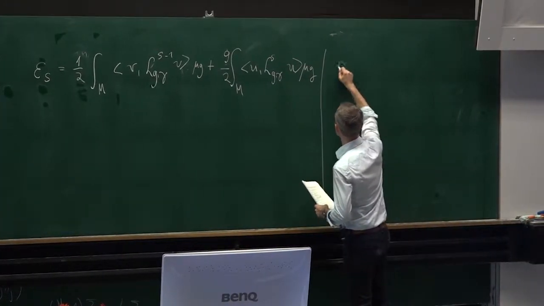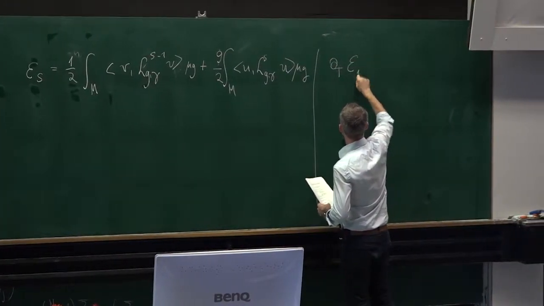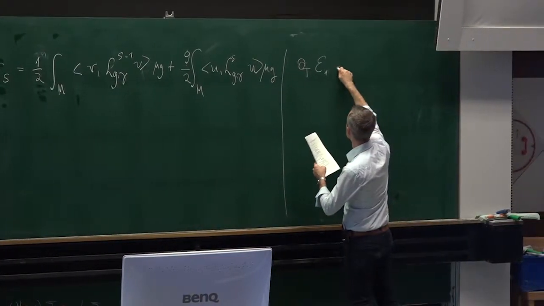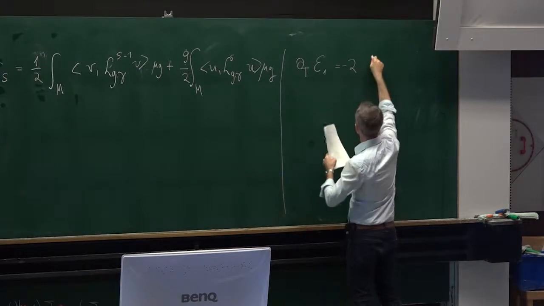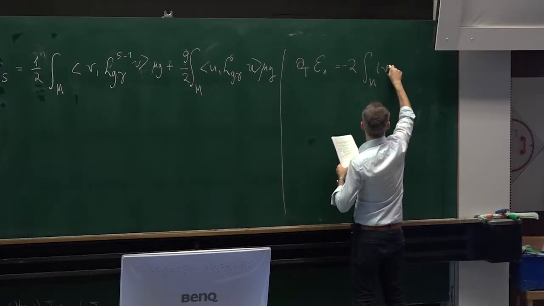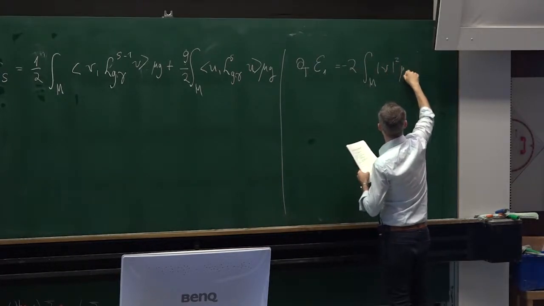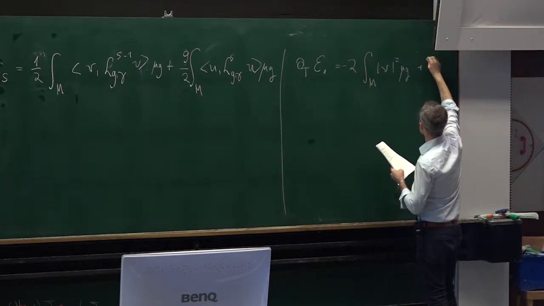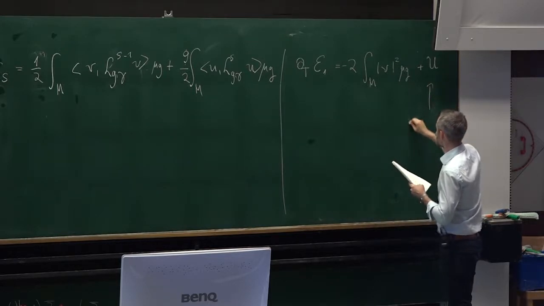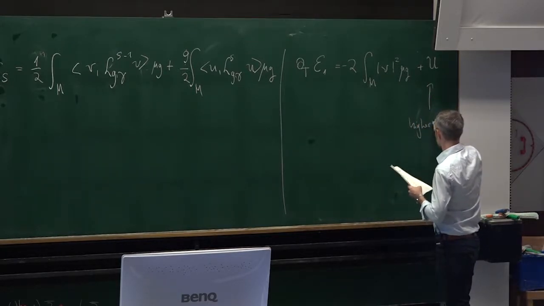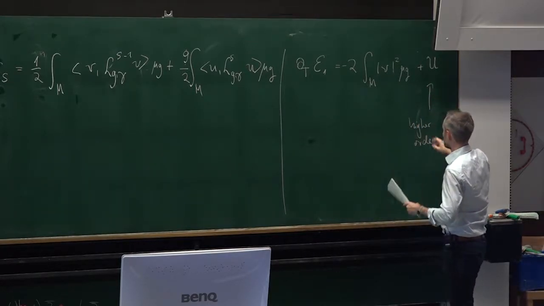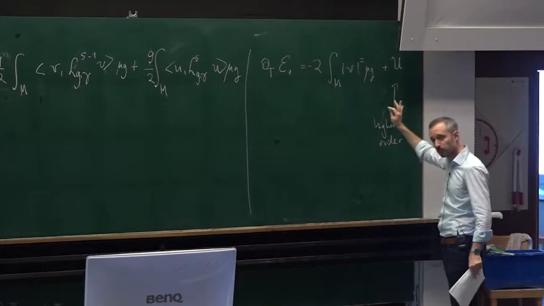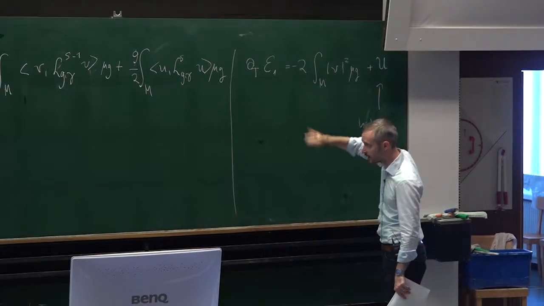Let's say for the first order, meaning E1, I compute the time derivative of this energy, and what I'm getting is minus 2 v square mu g plus some u, where u is again higher order. This higher order term cannot be used to really get decay.